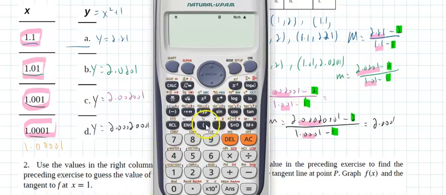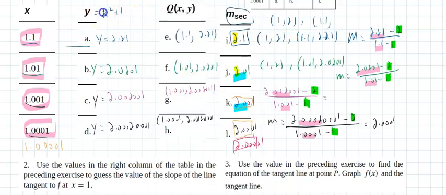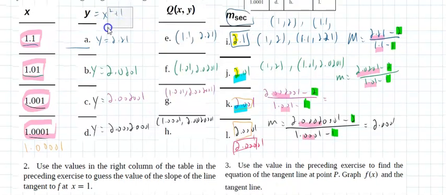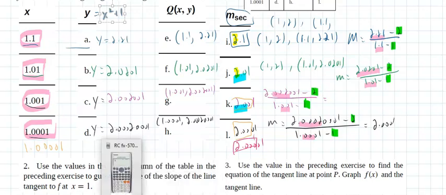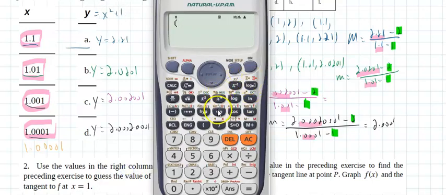So I'm going to put parentheses and I'm going to say take y, which is 1.1 squared. Well, instead of putting that, I'm going to say take that answer, which is 1.1, that's what we did, square it, and add 1 to it.